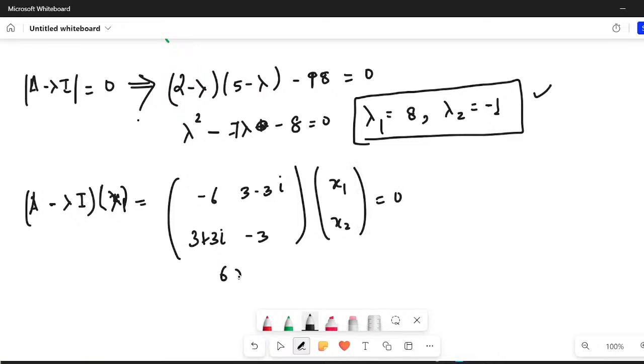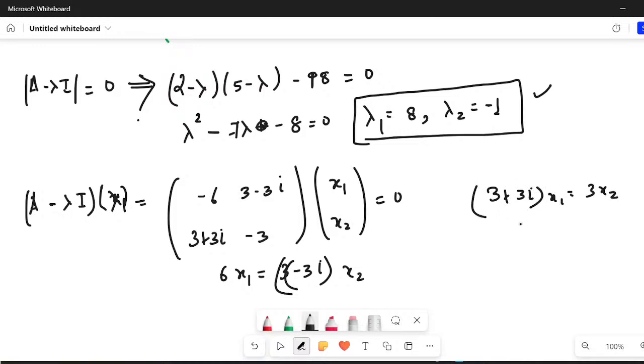You're going to get that 6x1 is equal to 3 minus 3 iota x2. Or from the other equation also, the same thing will happen. I can write it as 3 plus 3 iota x1 is equal to 3x2.